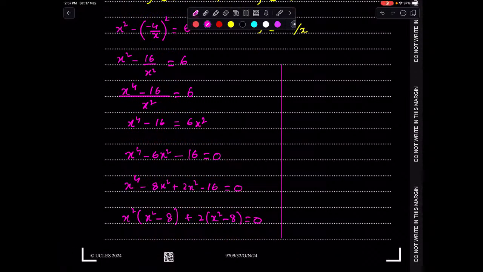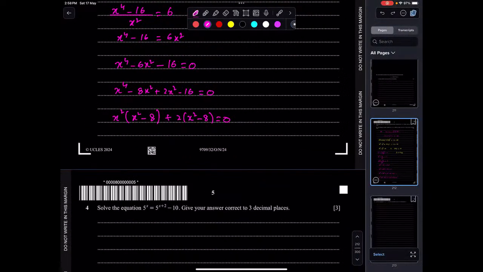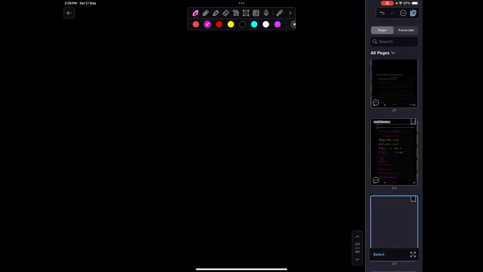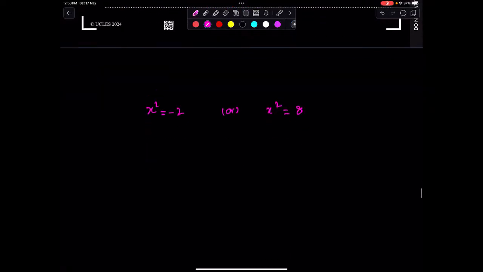Now we have two values of x. I'm using next page to keep the calculation simple. So x square is equal to minus 2 or x square is equal to 8. Remember, x and y both are real numbers, so this will be invalid.